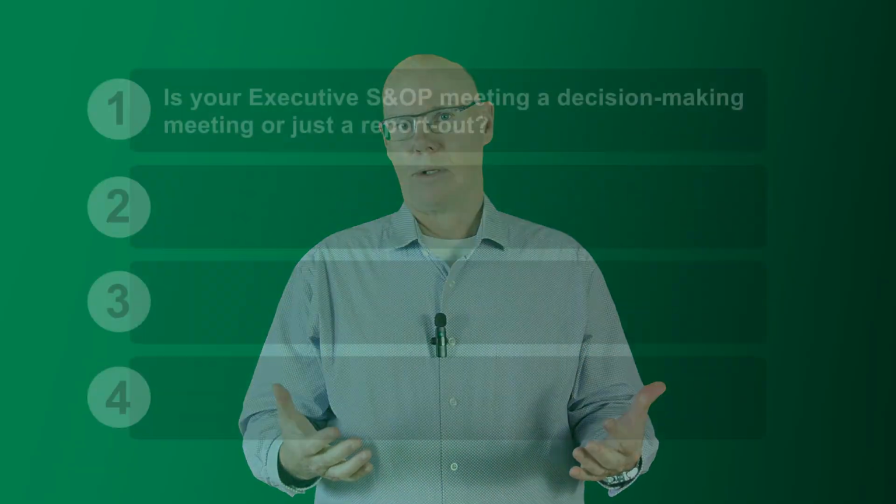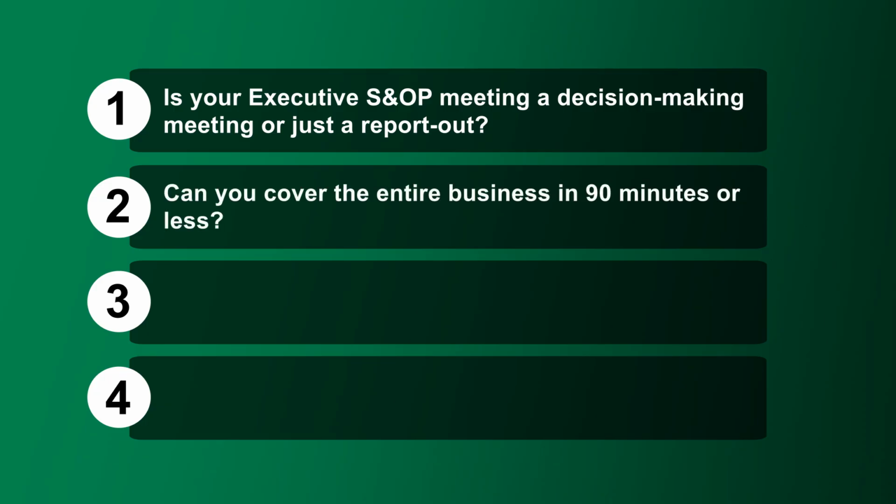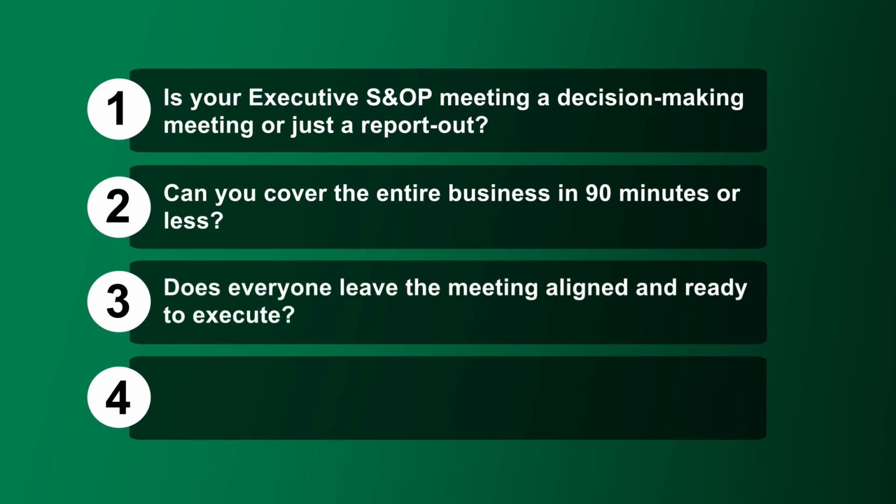Here are some key questions to ask yourself about the effectiveness of your S&OP process. First, is your executive S&OP meeting a decision-making meeting, or is it just a report out? Number two, can you cover the entire business in 90 minutes or less in the executive meeting? Number three, does everyone leave the meeting aligned and ready to execute?